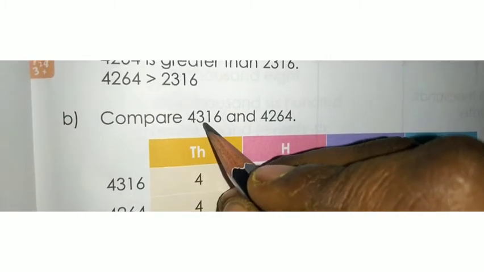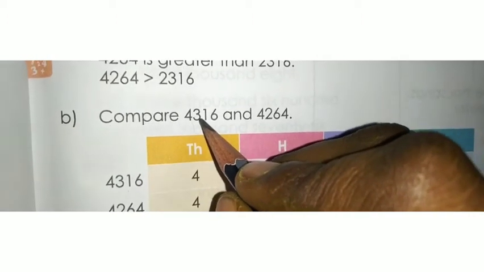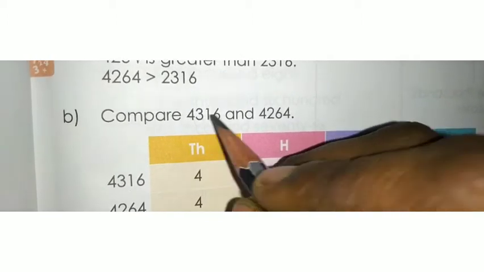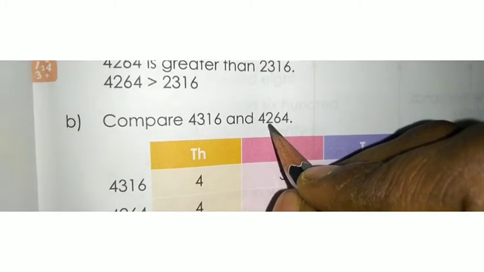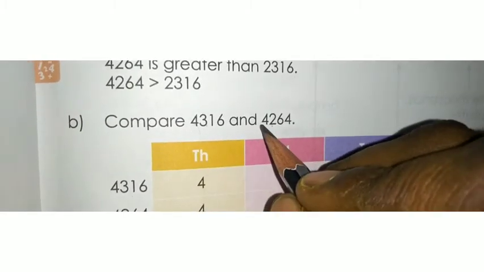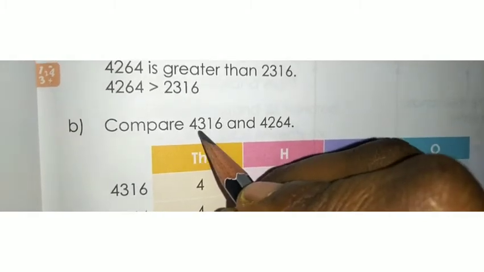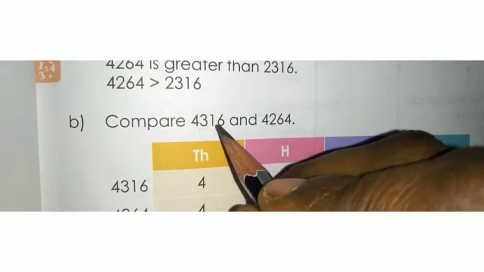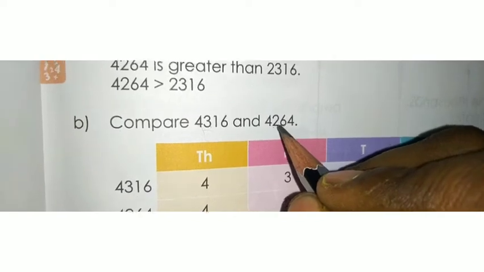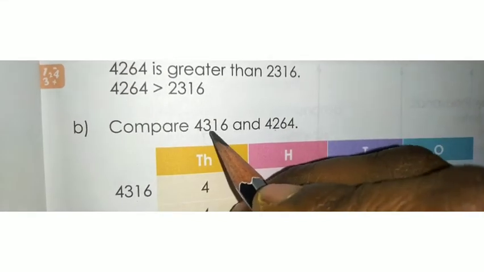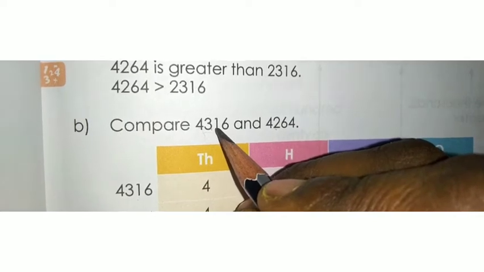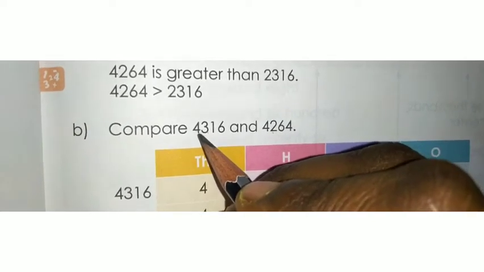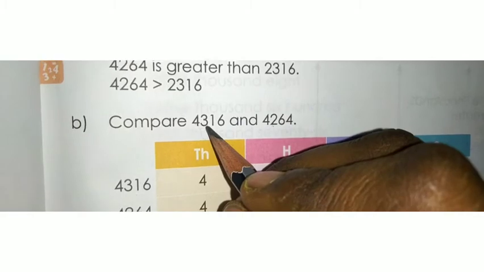Now move to hundreds place. In hundreds place 3 is here, but in this number in hundreds place 2 is there. So from these two numbers, which is greater, 3 or 2? 3 is greater and 2 is smaller. So if you want to write the given number as greater, then in thousands place both are same, but in hundreds place 3 is greater.